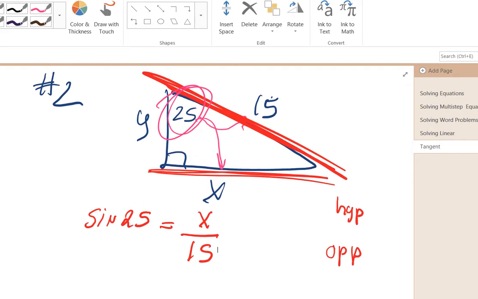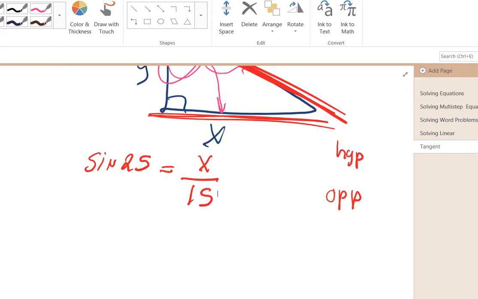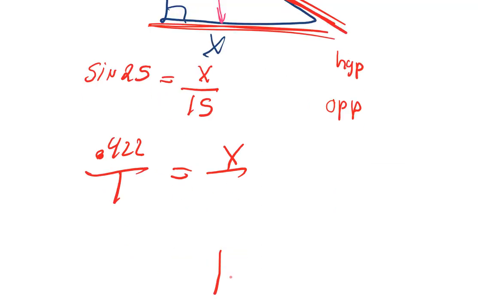So that's how you would find a triangle side in this situation. Then we have to find the sine of 25. So we take our calculator and figure out the sine of 25. What are we getting? 0.422. Okay, it says to go 3 decimal places, so that was a good choice. We put it over 1, make a proportion out of it.